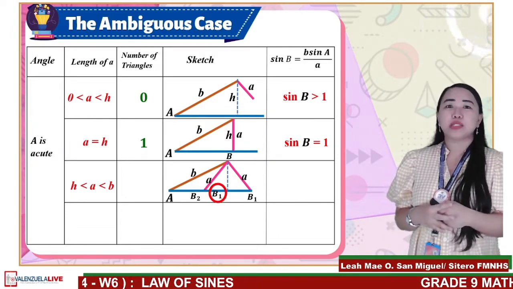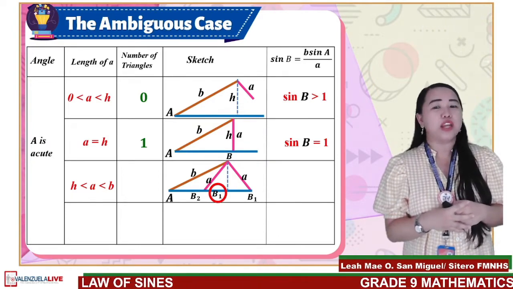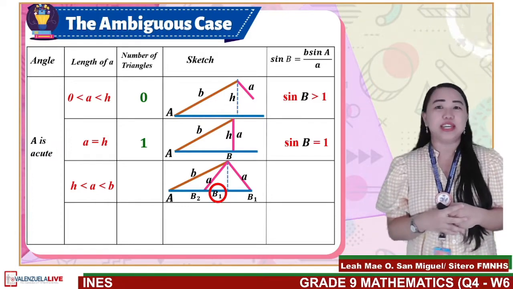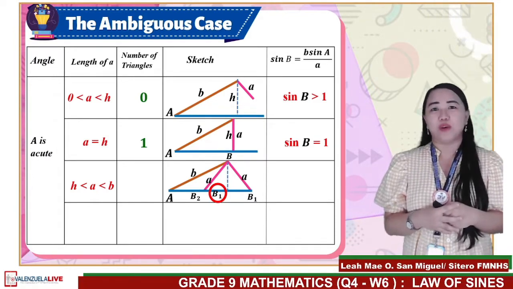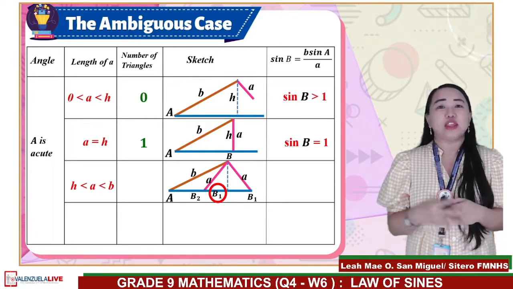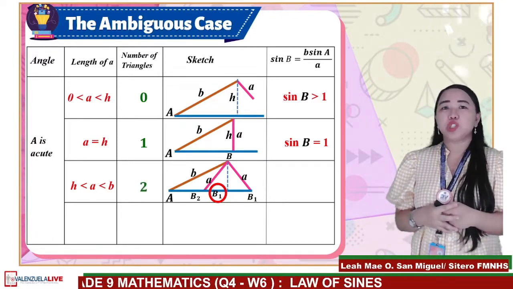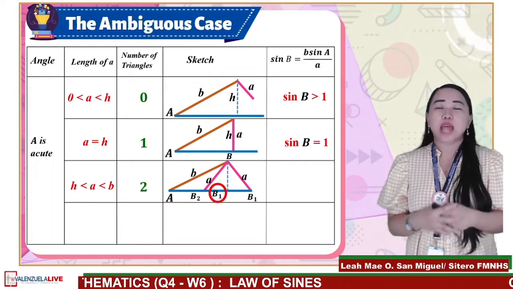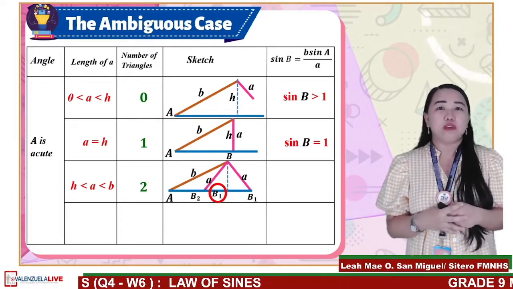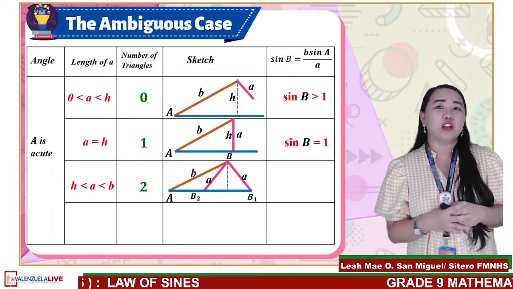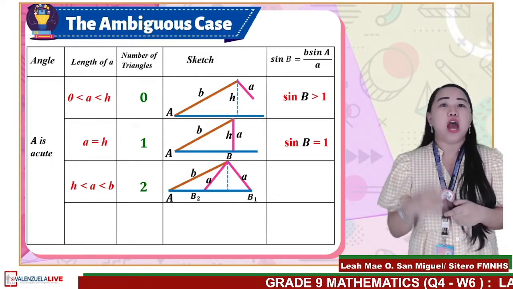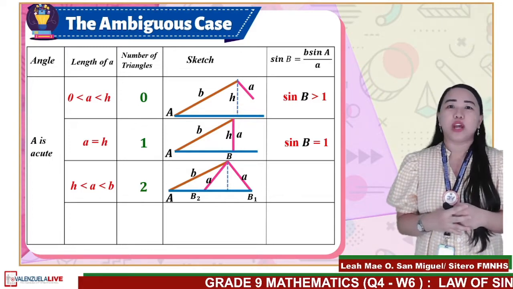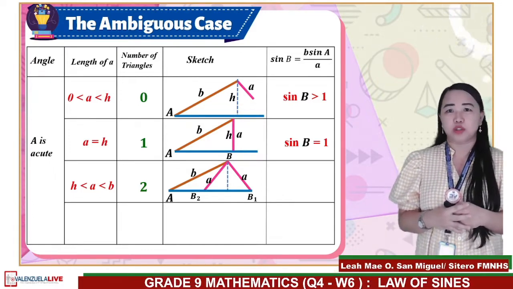You can find B sub 2 by subtracting B sub 1 from 180 degrees. The sines of supplementary angles are equal. Therefore, there are 2 triangles formed. In this type of ambiguous case, the value of the sine of the opposite angle of side B is between 0 and 1. I will show you how to solve this later as we answer some examples.